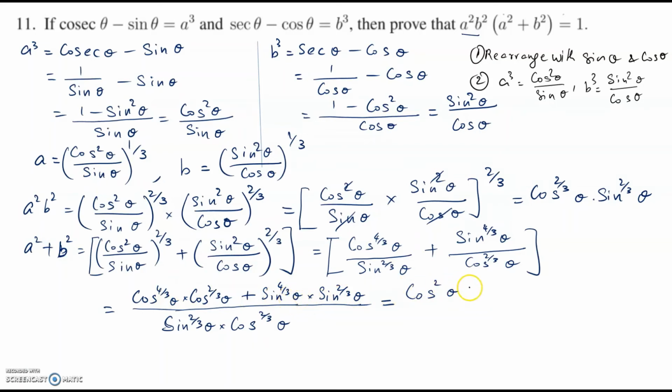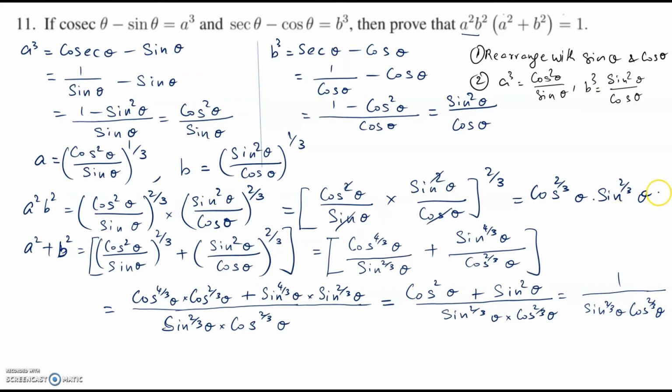Similarly, this will become sin squared theta, divided by sin to the power 2 by 3 theta into cos to the power 2 by 3 theta. Now we know that cos square theta plus sin square theta is equal to 1. So this is equal to 1 by sin 2 by 3 theta into cos 2 by 3 theta.